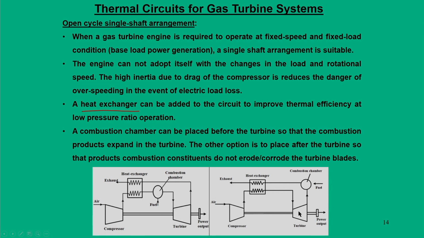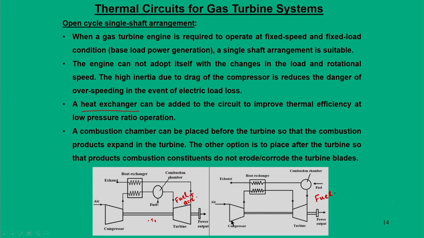That means only air expands in the turbine, whereas in another mode, air and fuel mixture expands in the turbine. So, this is the very basic difference. Here it is air plus fuel mixture, that expands in the turbine.